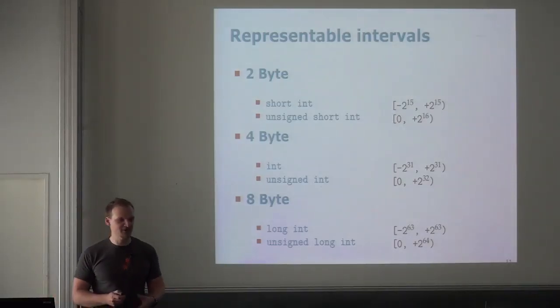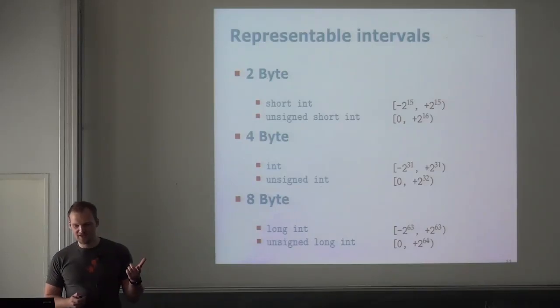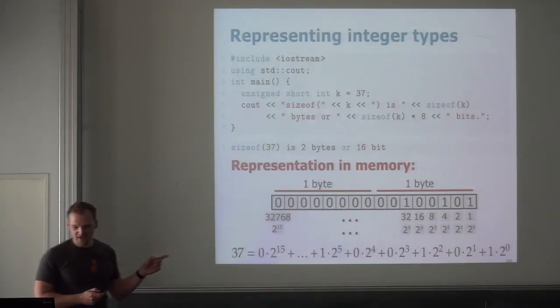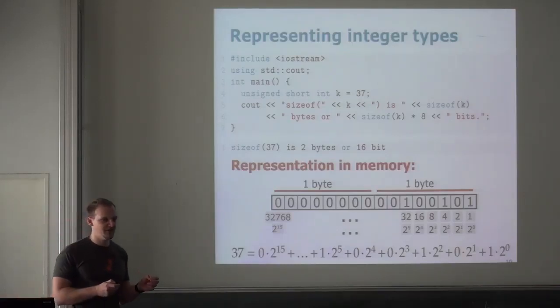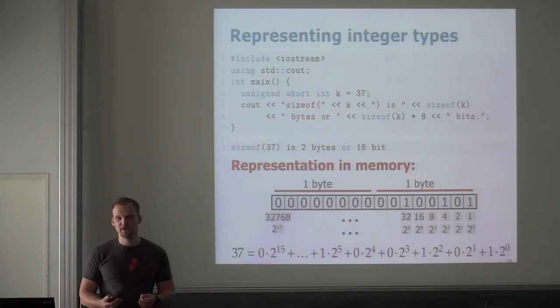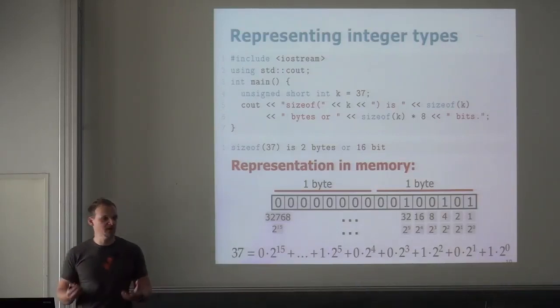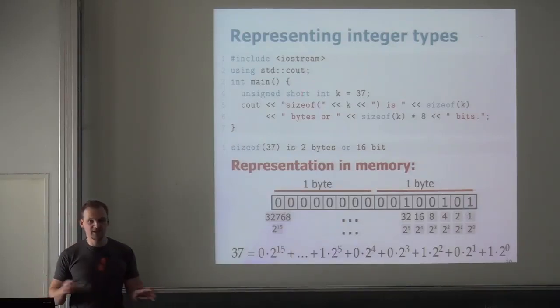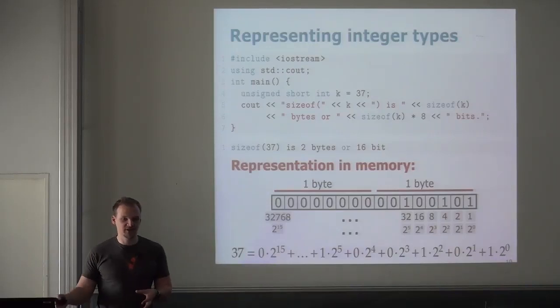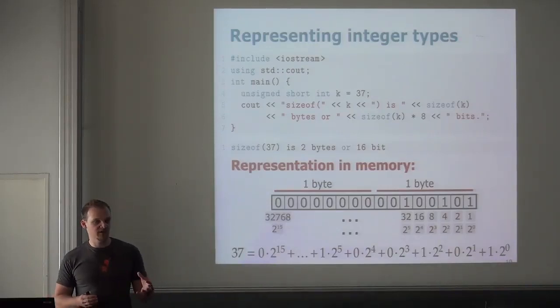What we were talking about just right now, there are short integers. One more thing. Whenever you have a sign, so this is an unsigned short integer, so it cannot be minus 1. If you want your short integer to be minus 1, you have to drop the unsigned part, and then it will be a signed or a typical short integer, but you give up a lot for it.